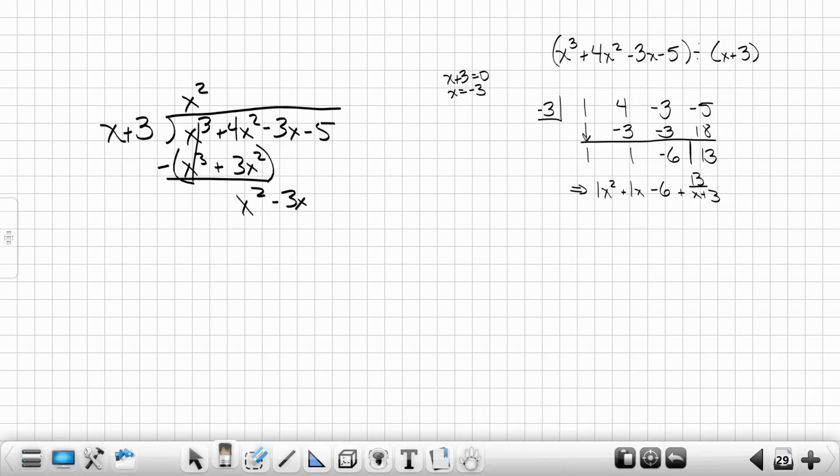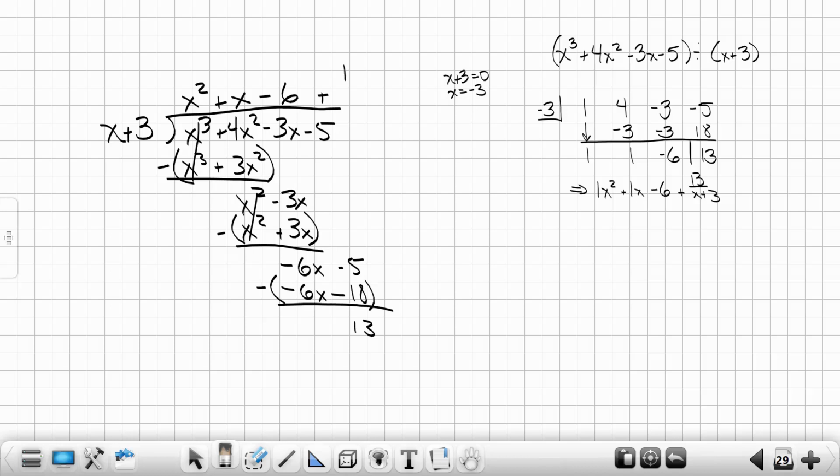X goes into x squared, x times, distribute, subtract, cancels. X goes into negative 6x, negative 6 times, distribute, subtract, remainder.